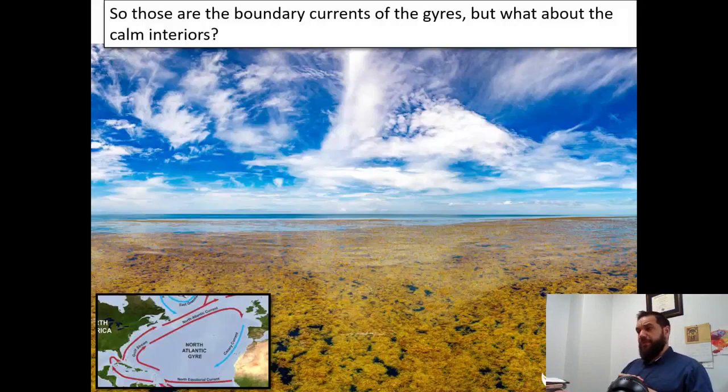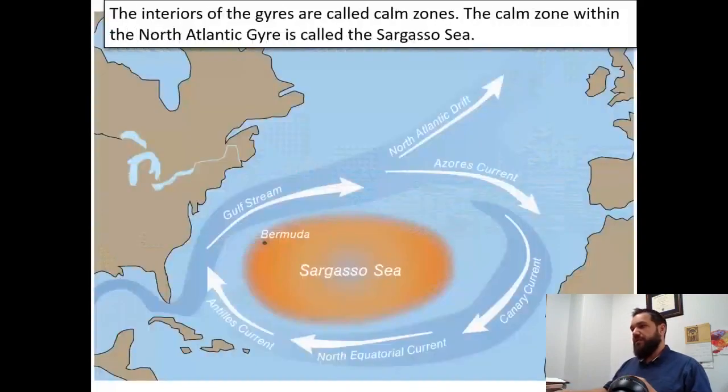One of the very famous seas in the world is called the Sargasso Sea. So what is Sargasso? The Sargasso Sea is this area right in the middle of the gyre, right in the middle of the North Atlantic. So that's the Sargasso Sea.